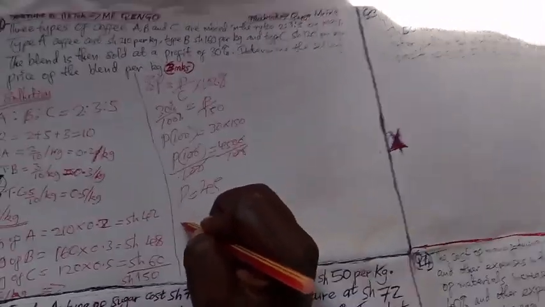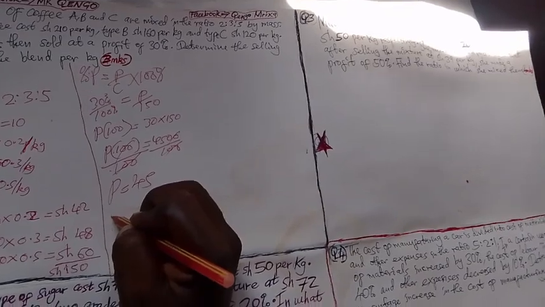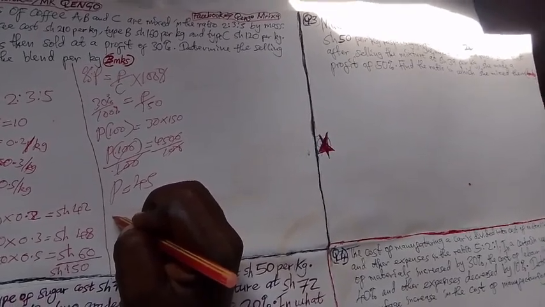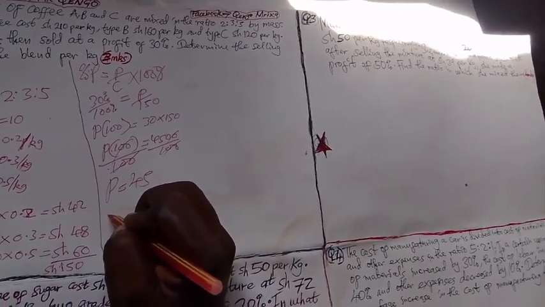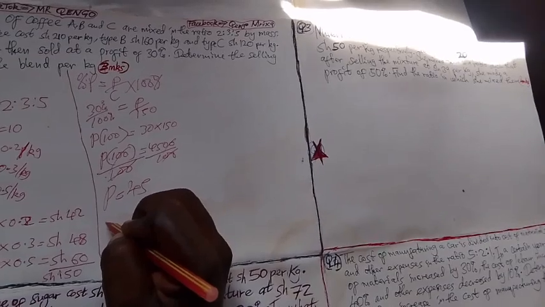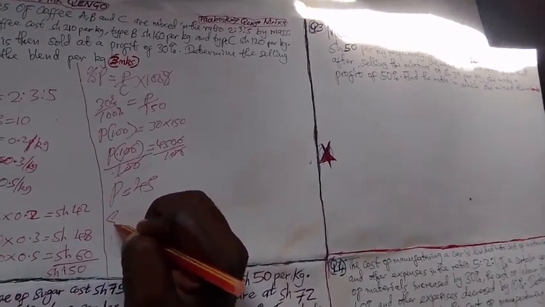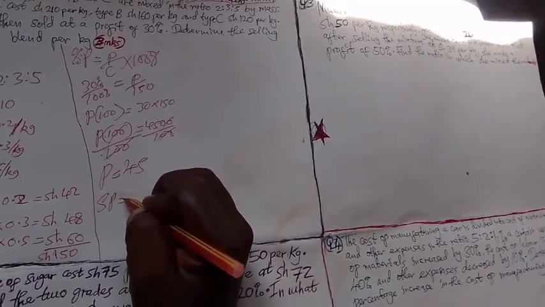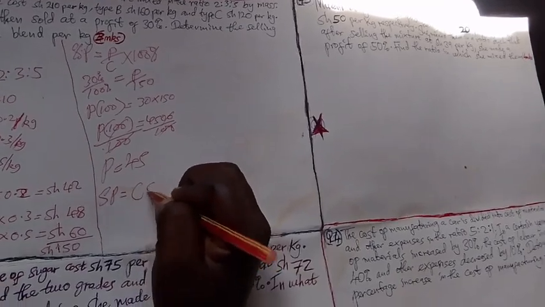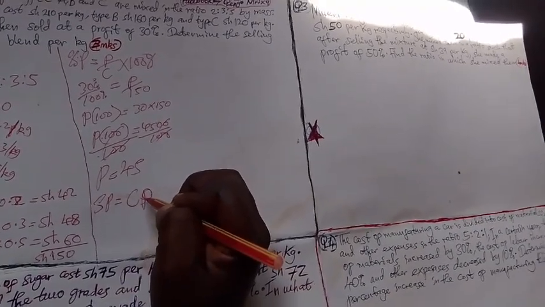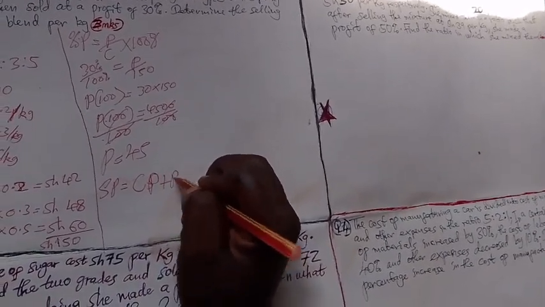Step 7, but we know that the selling price is equal to cost price plus profit. So selling price is equal to cost price plus profit.